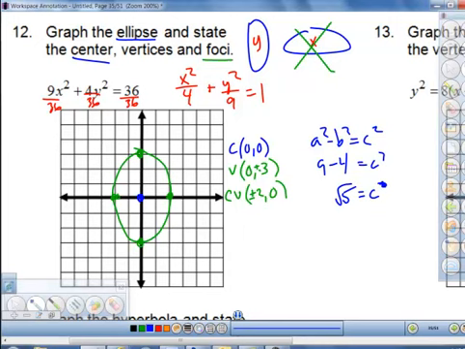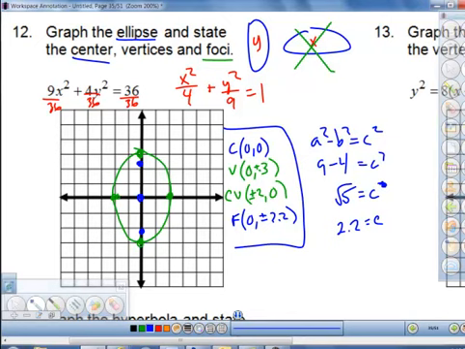What is it, like 2.3 or 2.2? I think it's 2.2. Okay, so that means from the center I'm going up 2.2, which is about right here. That's my foci. And then from the center I go down 2.2, which is about right here. So the foci is going to be at 0, plus or minus 2.2. Okay, that's the answer for that guy. And I think we found everything.